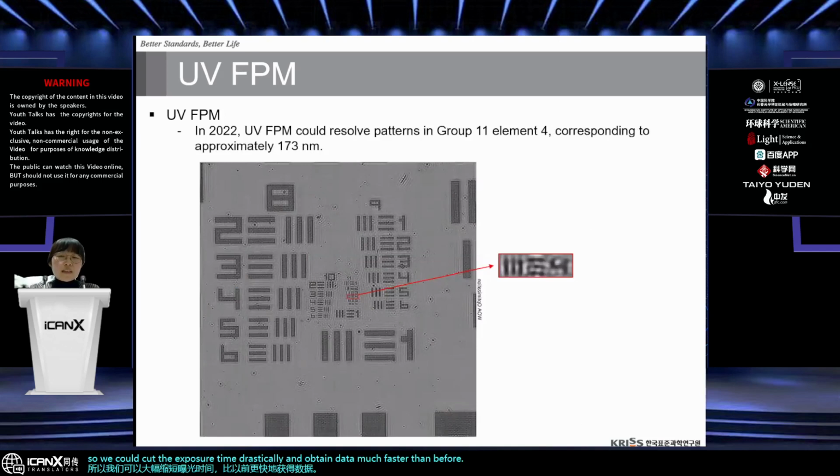To validate the system's resolution, we used the USAF target and were able to resolve patterns in group 11, element 4, corresponding to approximately 173 nanometers. In the future, we plan to lower the wavelength to the 193 nanometer level to develop a compact reflective FPM system with sub 100 nanometer resolution.